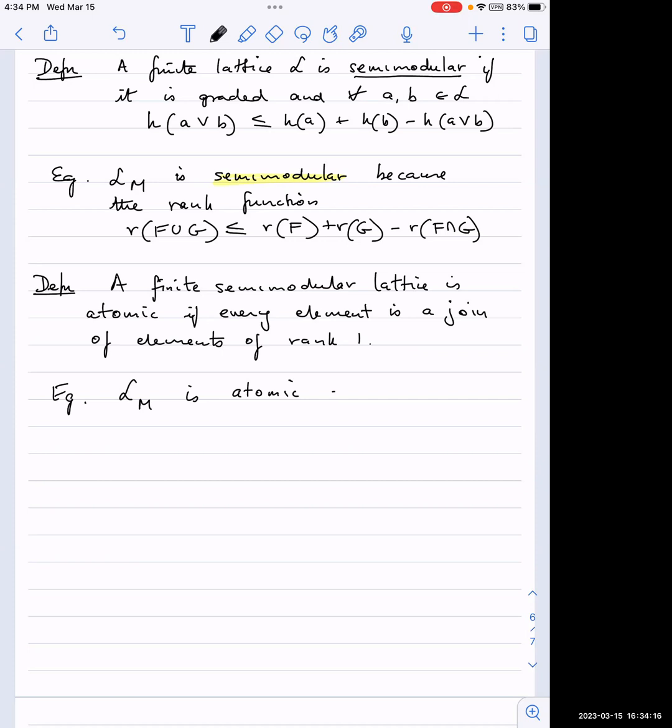And what's our reason, besides the intuitive reason? So let F be a flat.